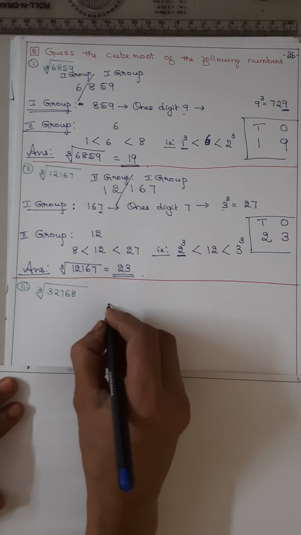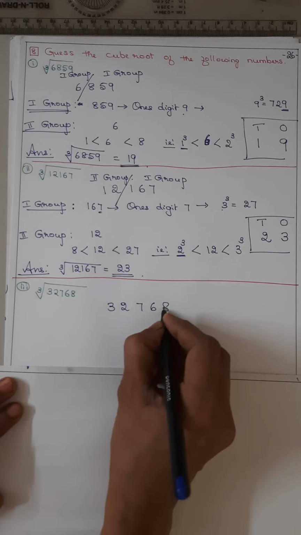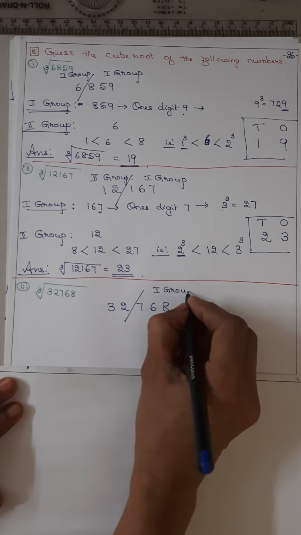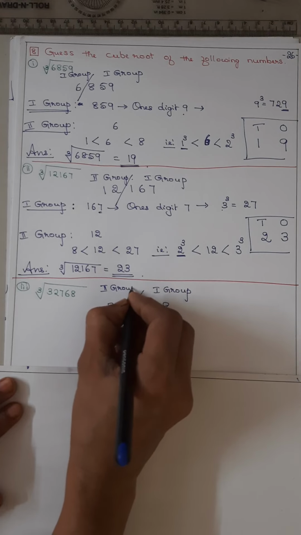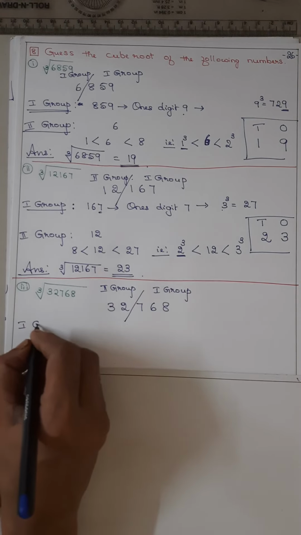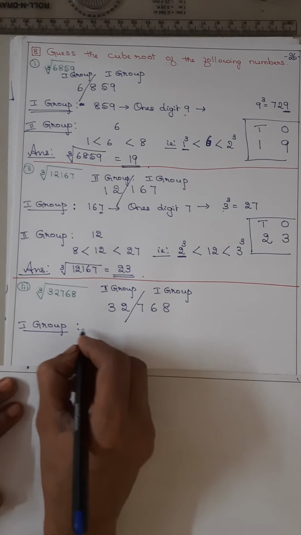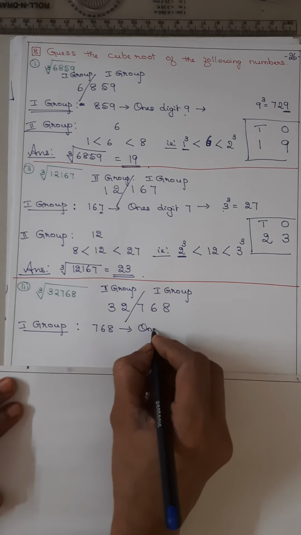Now coming to the third sum, 32768. So 32768. First group, second group. Okay, first group number is 768. So ones digit, which is it?